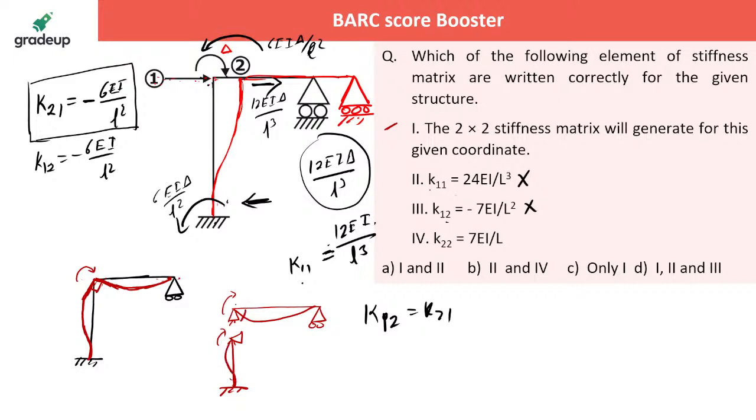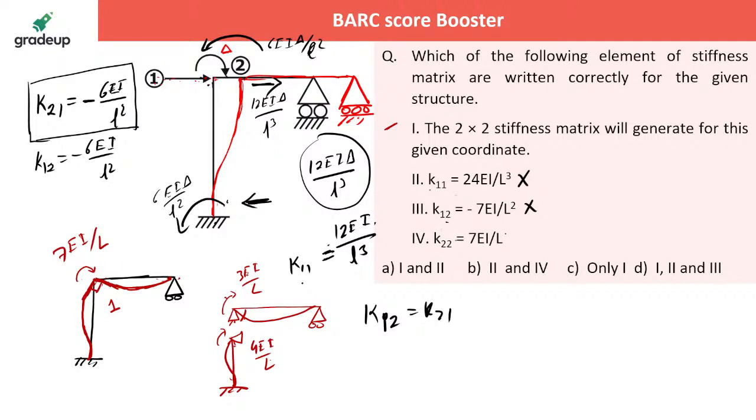Now how much effort do you need to rotate this simply supported beam? You need 3 EI by L, isn't it? And here you need 4 EI by L. So the total effort needed is 4 plus 3, that is 7 EI by L. If you apply 7 EI by L here, that will rotate this joint by unit radian.